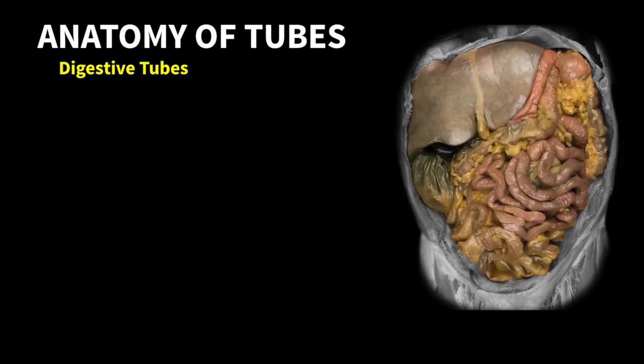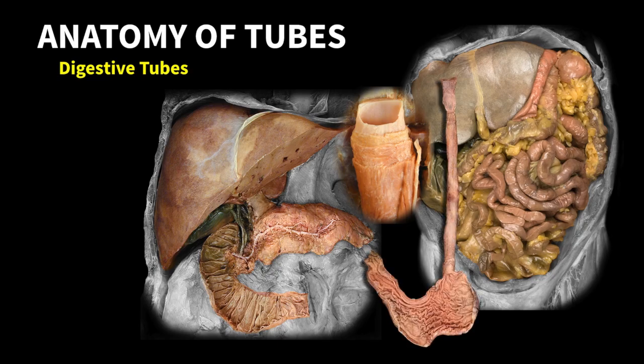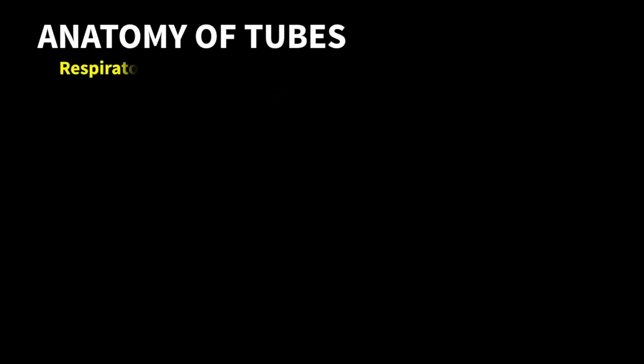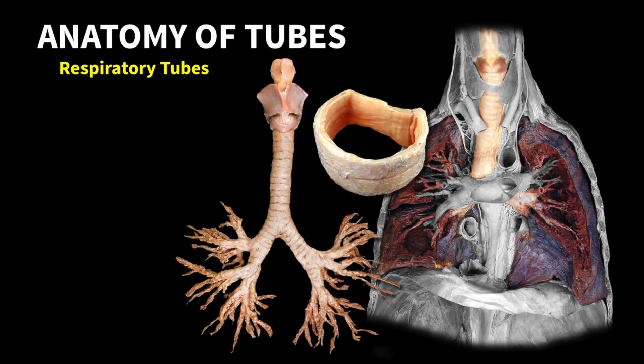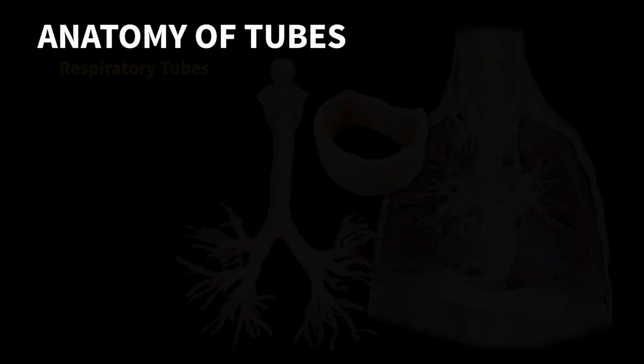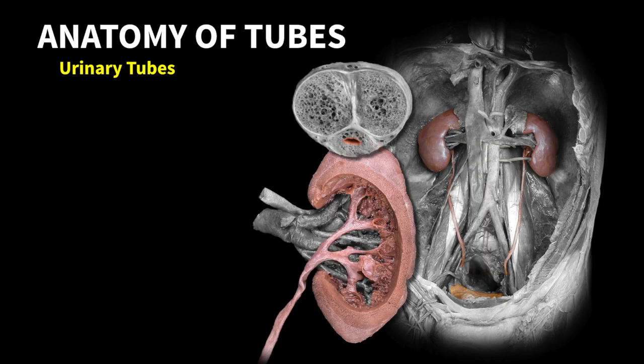The digestive system is a system of tubes. The respiratory system is a system of tubes. The urinary system is a system of tubes.